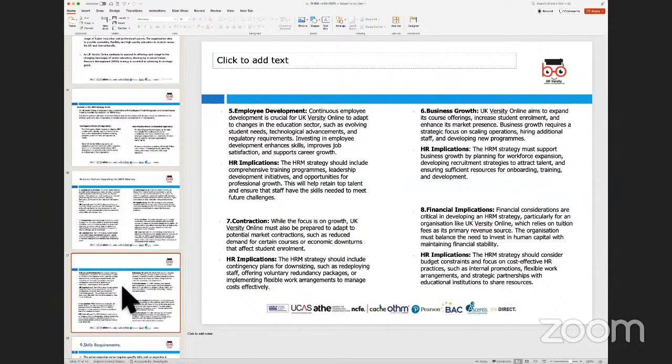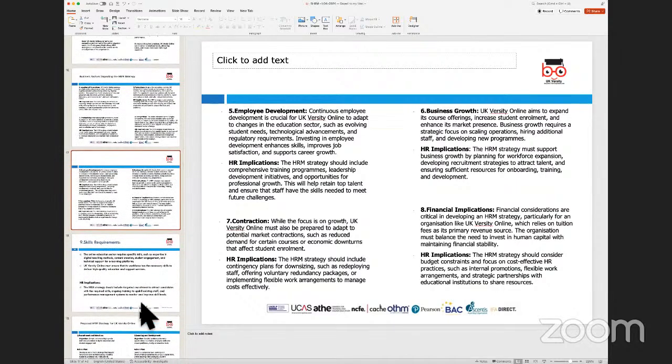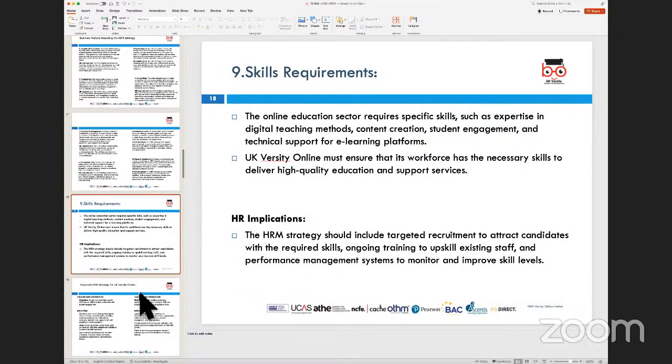And that is how compensation and recruitment tends to happen when HR recruits people within that geography. And then you also understand financial implications. You understand skills requirements, and they would then all become part and parcel of the HR plan or the strategy that you're trying to put together.